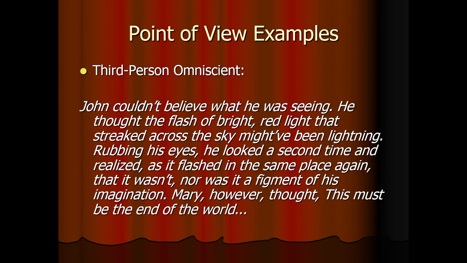Nor was it a figment of his imagination. Mary, however, thought, this must be the end of the world. So we have John's thoughts and feelings, and we get some insight into Mary's thoughts and feelings, and that's why this is third person omniscient.